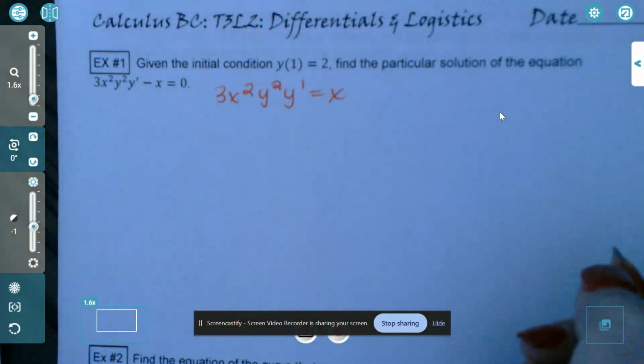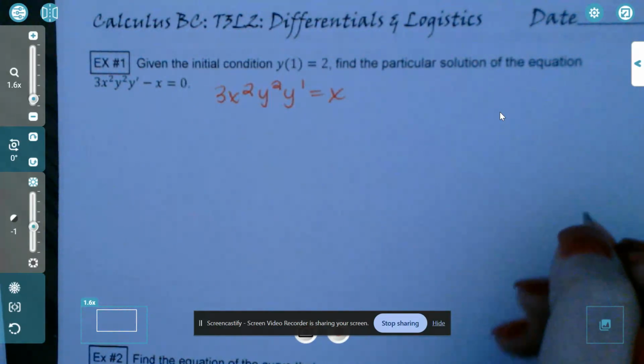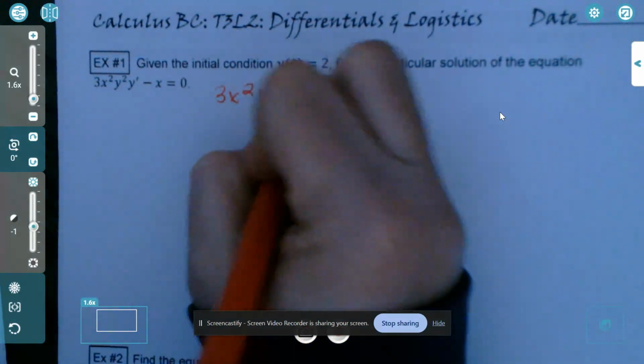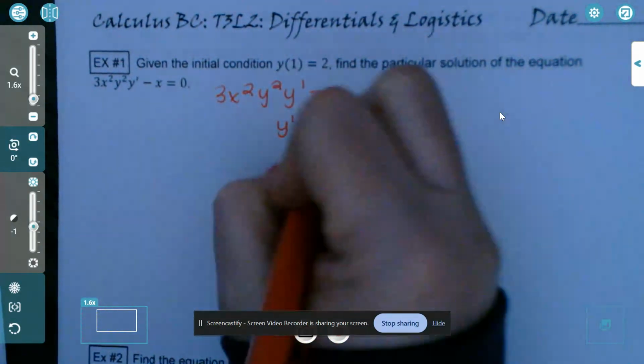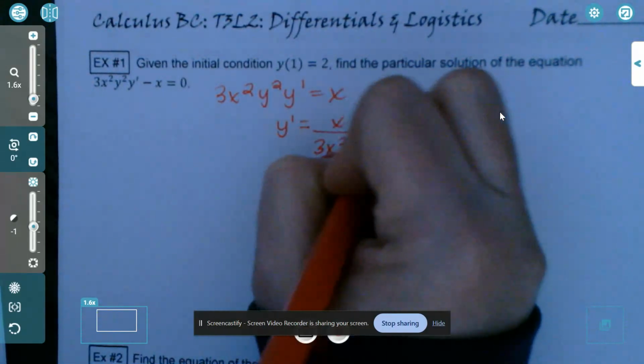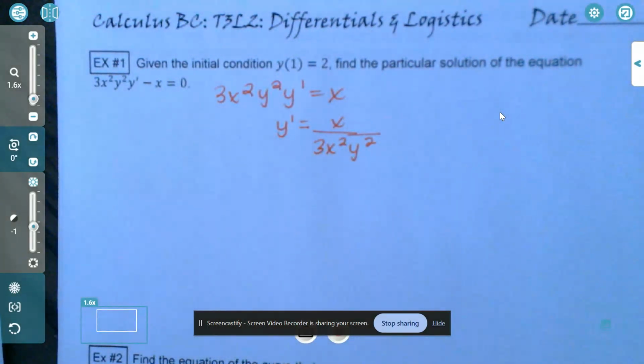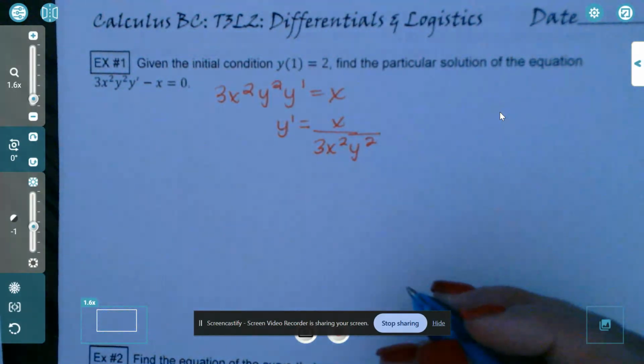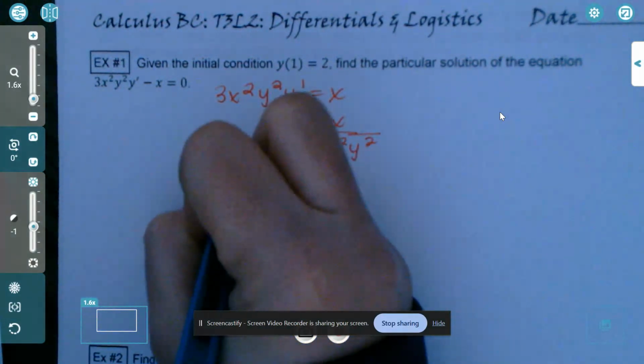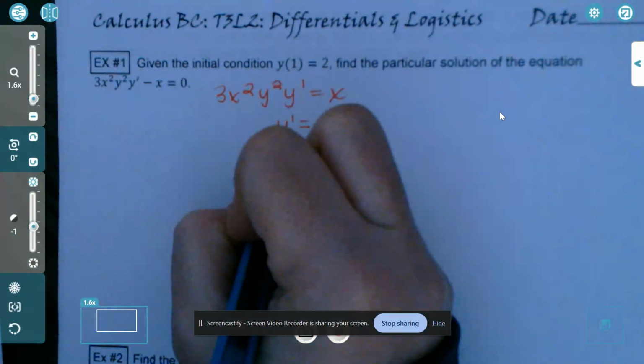Move the x over first, and then we're just going to divide by everything that's not y prime. So y prime is going to equal x over 3x squared y squared. And then we know that y prime is just the same thing as dy/dx for us.